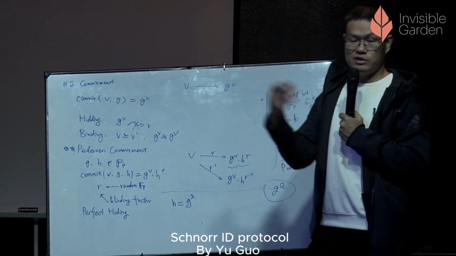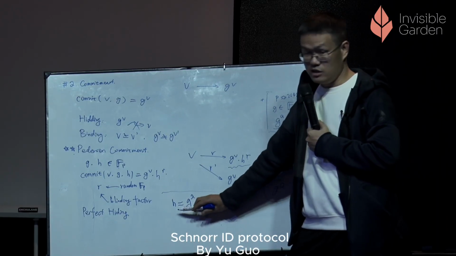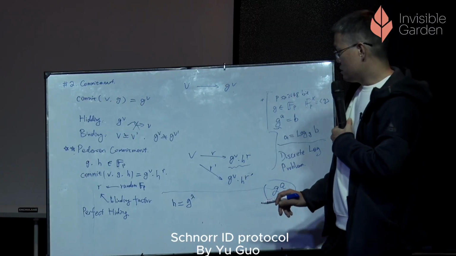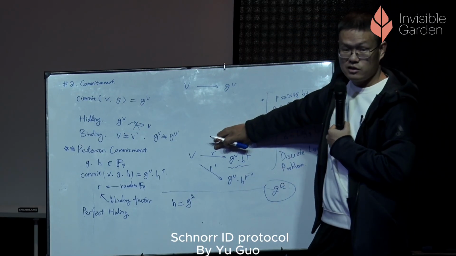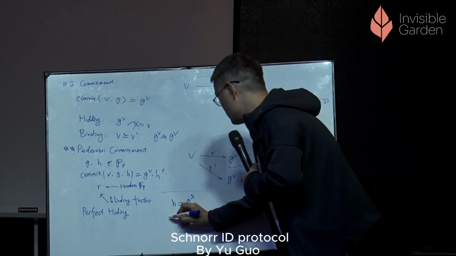Lambda is a number. We can use G to generate H, right? G^lambda equals H, right? If we commit a value using a blinding factor R, then we get the commitment.